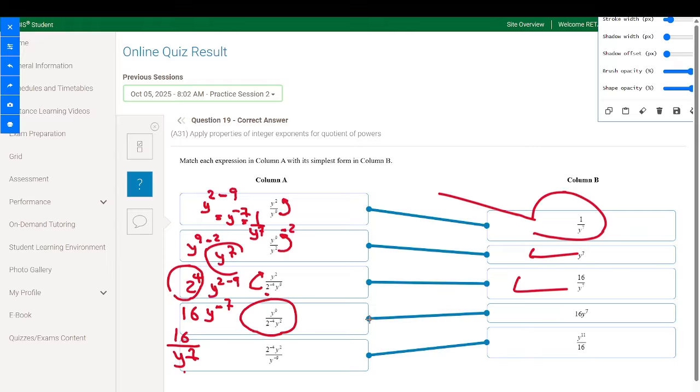Now, say this one also, it will be 16 y to the 9 minus 2, 7. And the last one here, we have 2 to the power of minus 4, we'll put that down, so it will be 1 over 16, and 2 minus 9, because y will be 2, and this minus 9 will go up, will be minus 9, with minus 9 will be positive, so plus 9, so it will be 16 y to the power of 11.